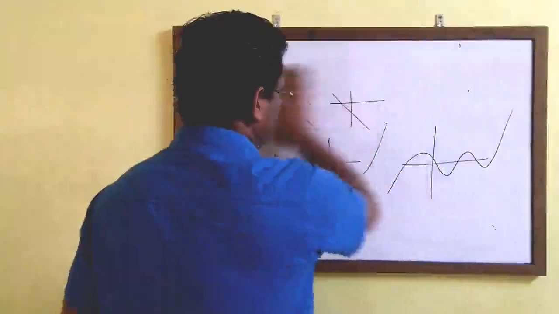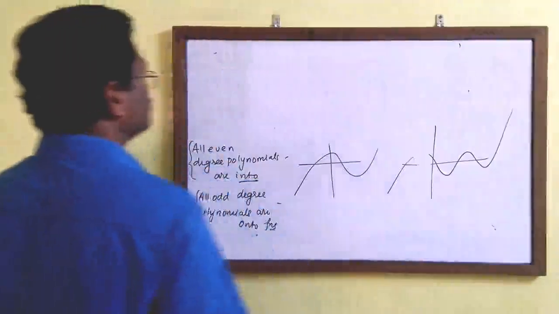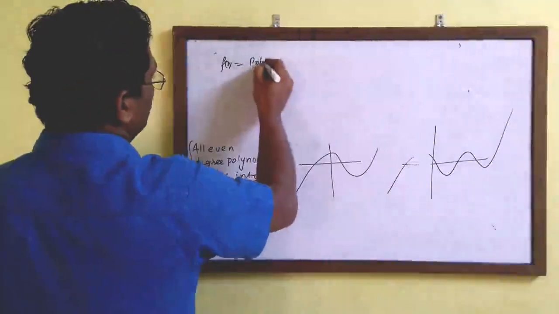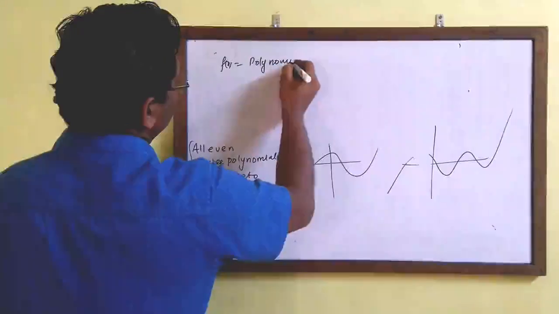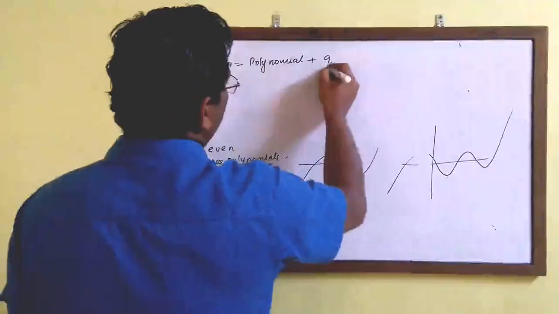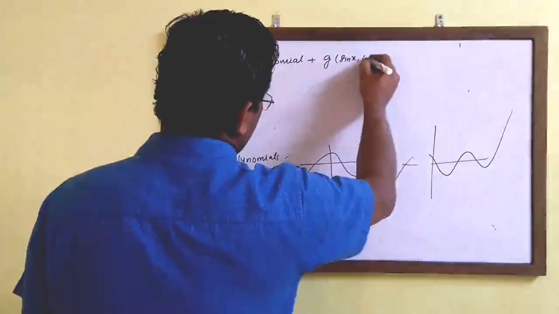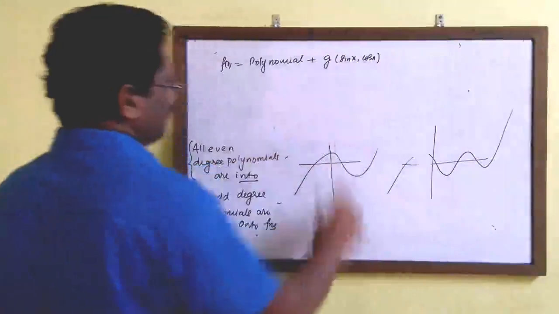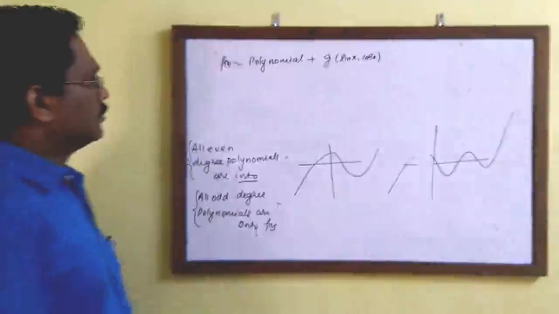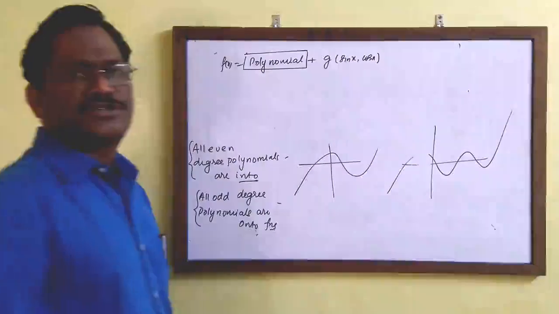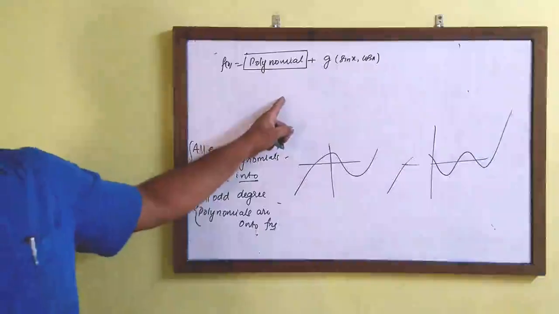Now if you have a function of this structure, say f(x) is equal to, in this format, a polynomial plus a simple polynomial combination of sin x and cos x. Remember, this should be a polynomial combination. So in this case, this polynomial decides whether the function is going to be into or onto.